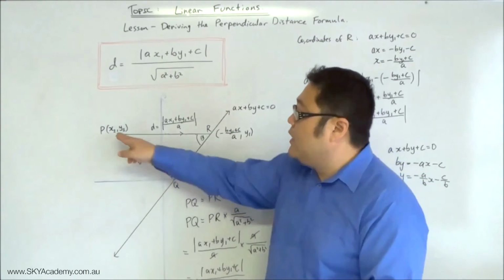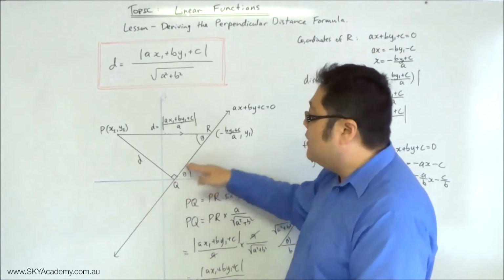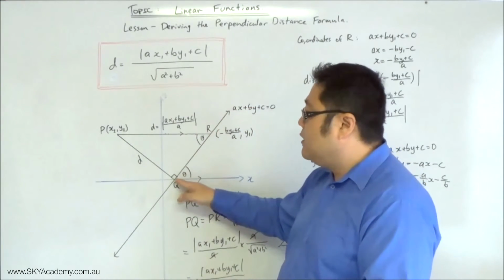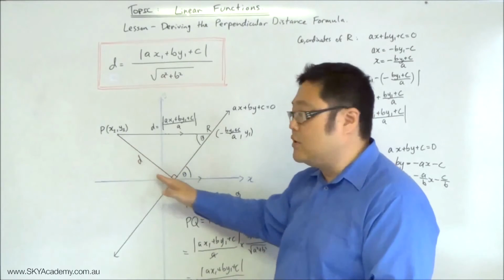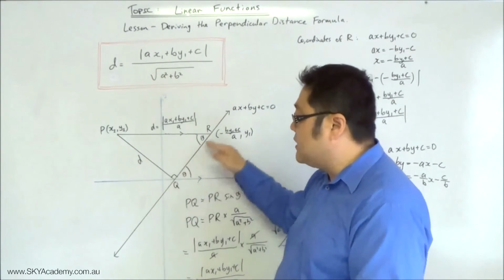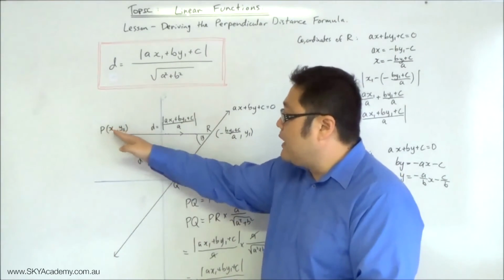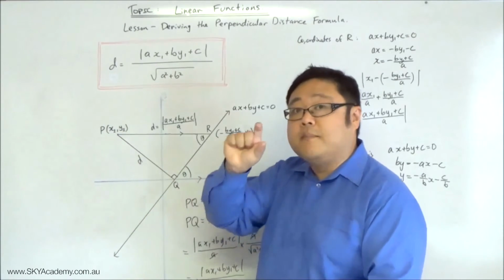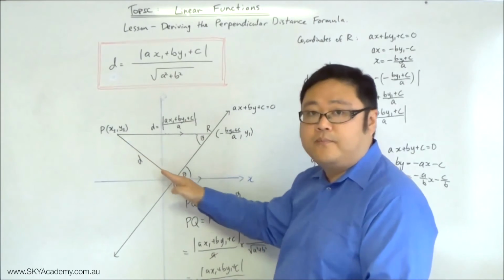But basically, if you've got point P, and you know that this line has a specific gradient, you'll know that this line, which is perpendicular to it, will have a perpendicular gradient. As a result, you can work out the gradient of this line. You know a point that it passes through. So using the point gradient formula, you can work out the equation of PQ.